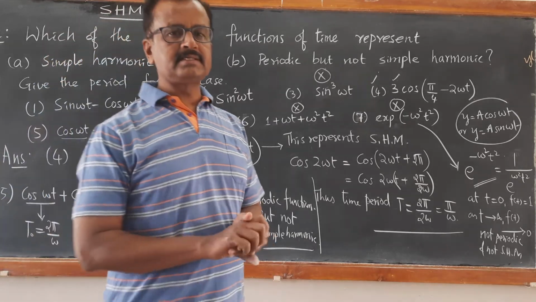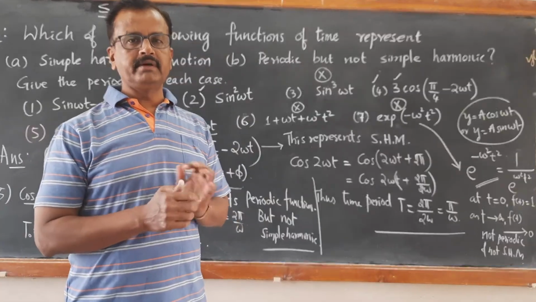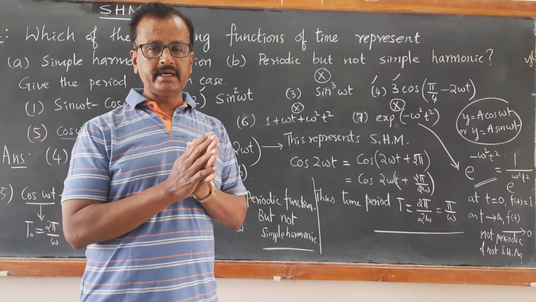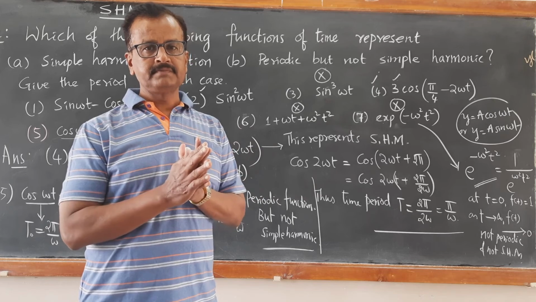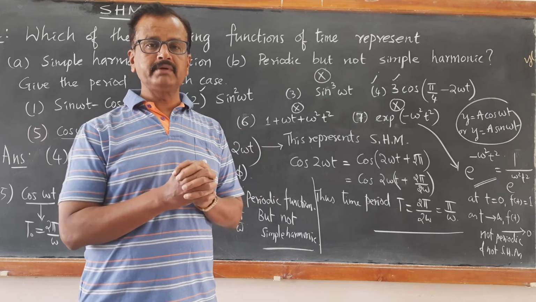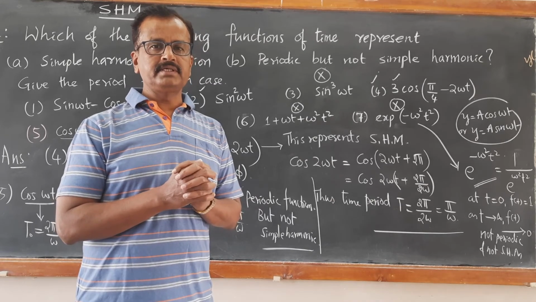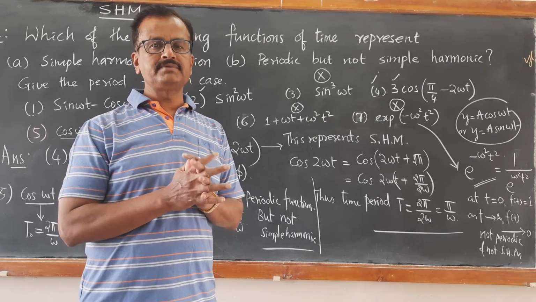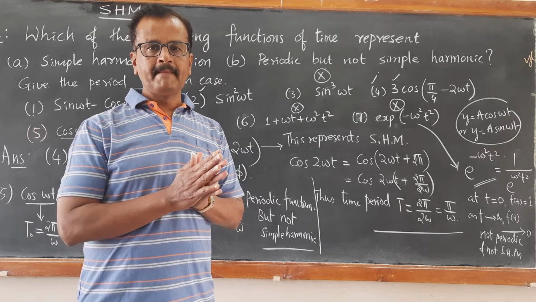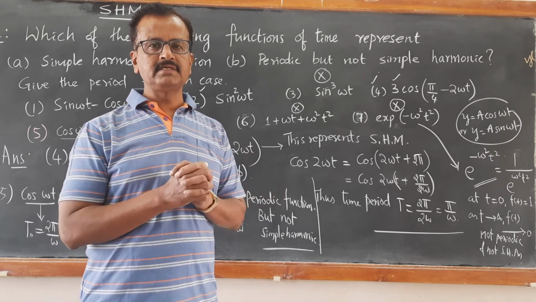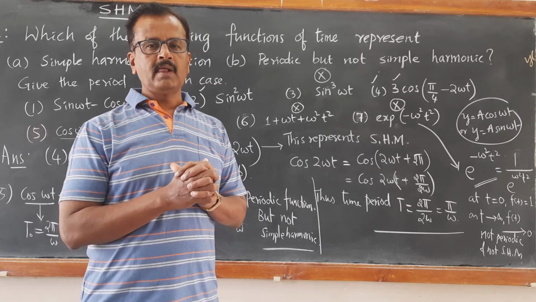Now let us see what is the velocity of a simple harmonic motion. When we write the equation for displacement, then we will be able to write the equation for velocity, because by definition, velocity is the rate of change of displacement, as we have defined earlier.